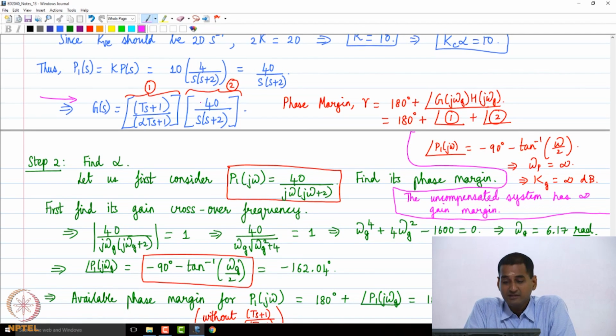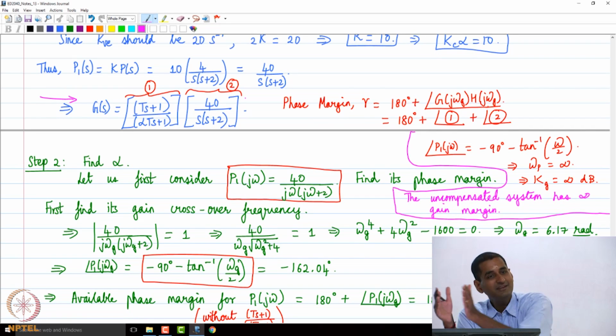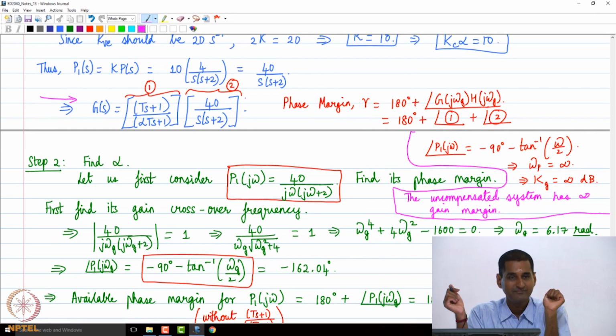Previously we considered only 40 divided by S times S plus 2. For that factor, the gain crossover frequency was 6.17 radians per second. With this additional factor, which contributes positive magnitude in decibels, the gain crossover frequency of the compensated system would increase. I am sure all of us agree, right?